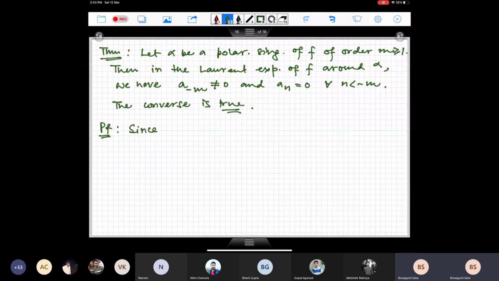So since f has a pole of order m at alpha, what did we see?